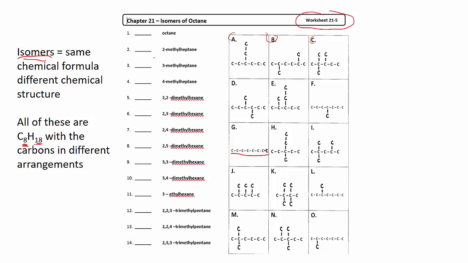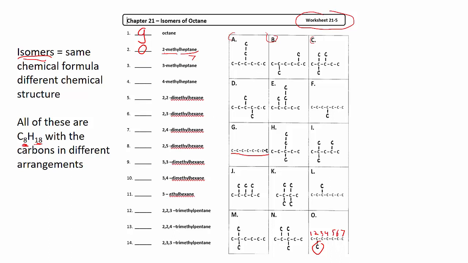So G, octane. From there, we need to start looking for 2-methylheptane. One of these has a methyl group on the second carbon and a 7-carbon chain. All the way at the bottom, 1, 2, 3, 4, 5, 6, 7, with the methyl group would help us out there.